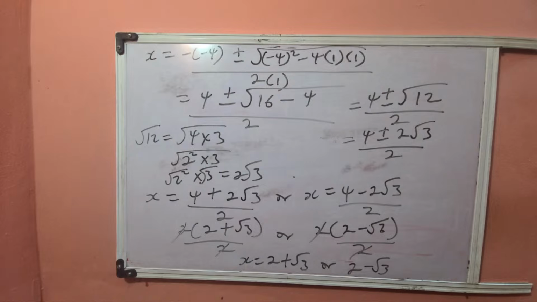So when you did yours to decimal, 2 plus root 3 is supposed to give you, and 2 minus root 3 should give you, all right.